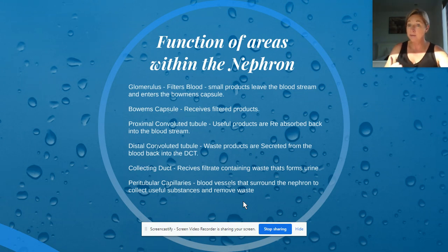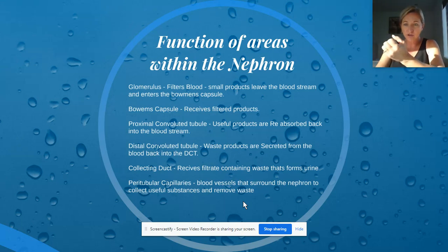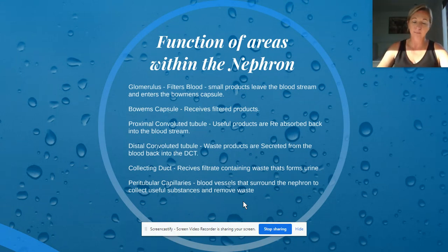It might be that the person's dehydrated. So that filtrate goes up the proximal convoluted tube, and the peritubular capillaries go, I need to claim some water back. So the blood manages to reabsorb out of the proximal convoluted tube back into the blood and back into the body. I hope this is making sense.